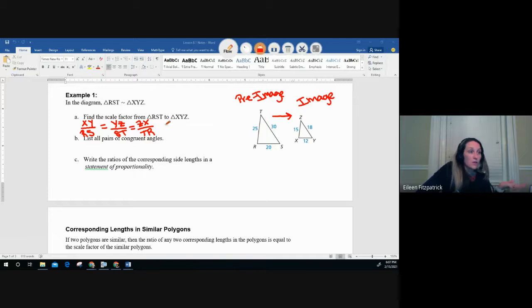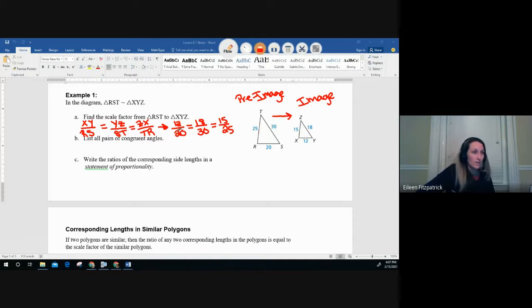Now I'm going to fill in all the numbers instead of the letters. So I have 12 over 20 is equal to 18 over 30, which is equal to 15 over 25. Now let's simplify all of those.